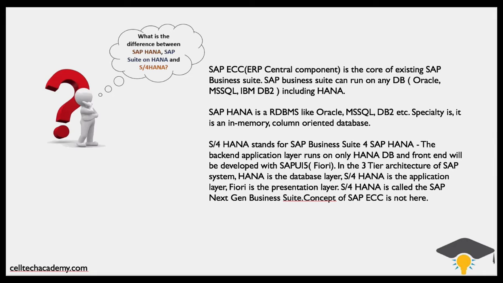With SAP Suite on HANA, even your existing ECC, that is their ERP system, can have HANA as the backend. So that is SAP Suite on HANA. And S4 HANA is nothing but an upgrade of their SAP ERP system, that is SAP ECC.